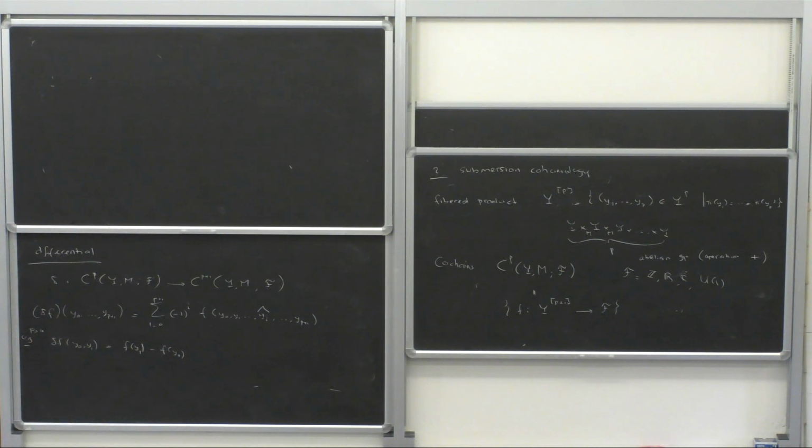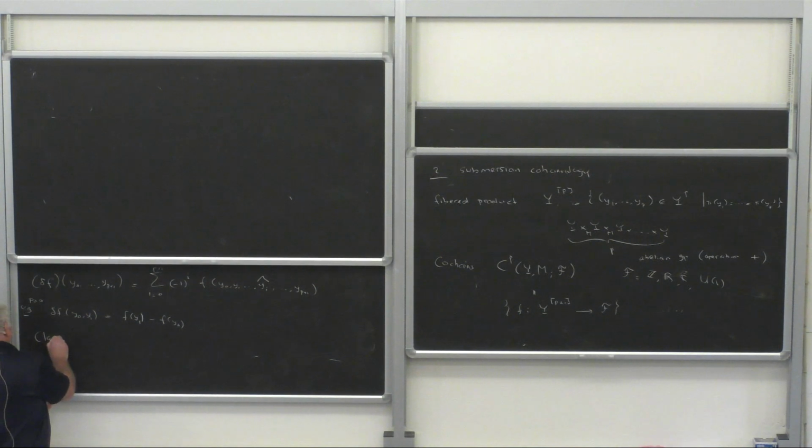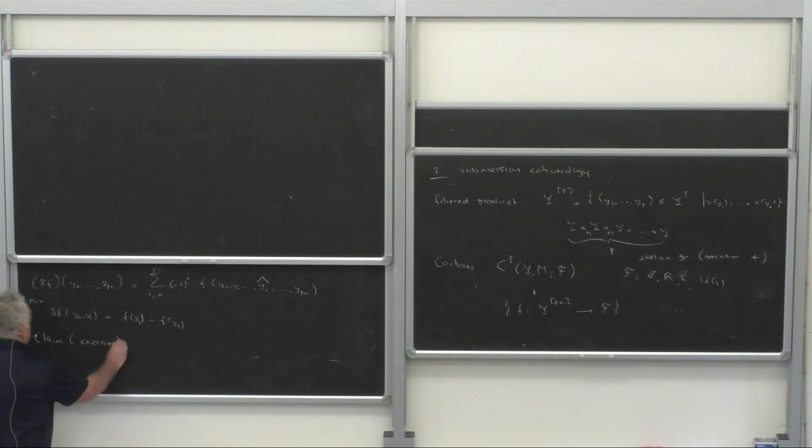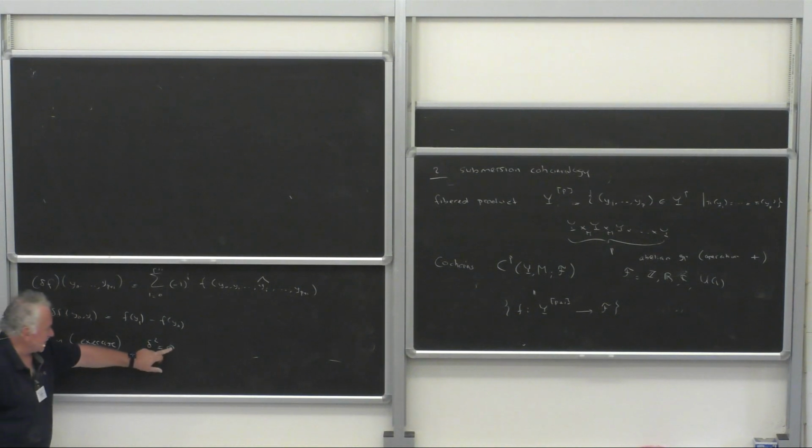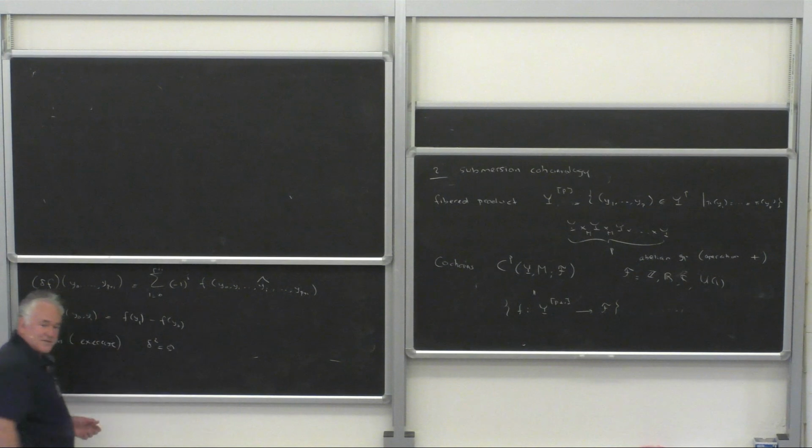So this is what we've seen before, right? For functions on the real line defining functions on the circle. Okay, claim. And this is an exercise, a real exercise: δ squared equals 0. So δ is indeed the differential.